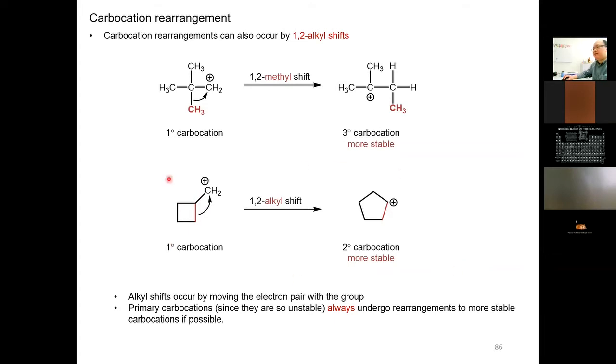This is beyond the requirement of this course, and it has to do with the fact that the tertiary carbocation with this strained ring is not that stable. I just want to let you know that a ring enlargement reaction can happen, from a 4-membered to a 5-membered ring.